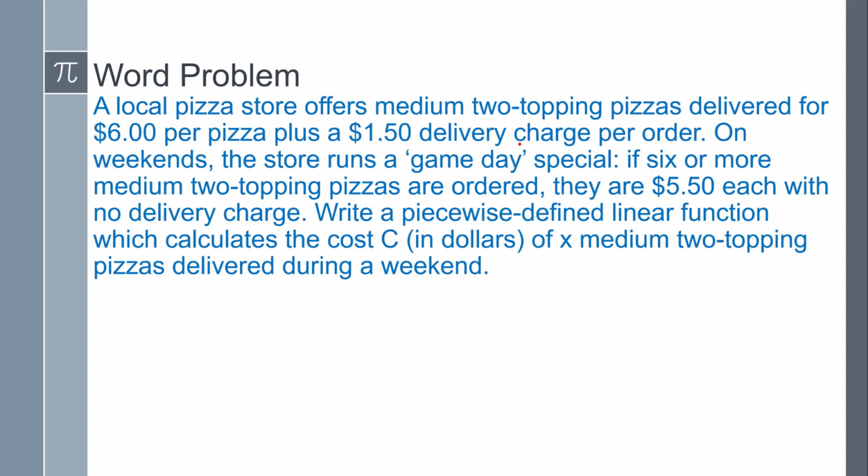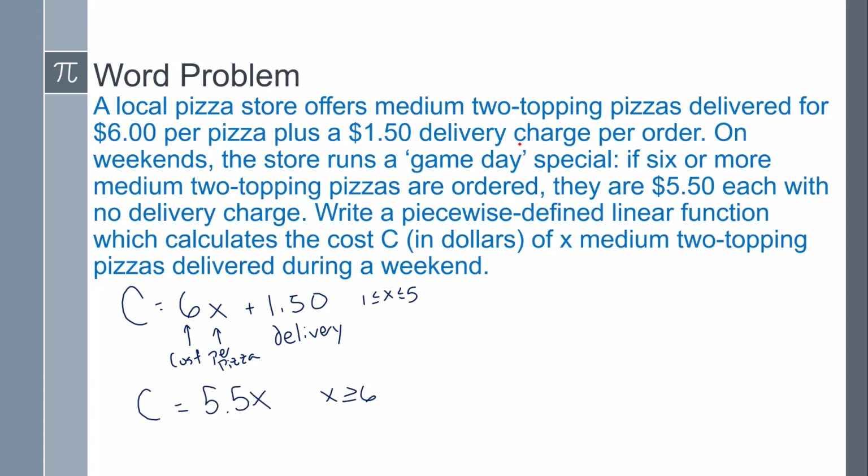And because there are 2 scenarios, that's why we're going to be using a piecewise function. The first scenario is $6 per pizza, and then there's a $1.50 delivery fee. That's if we order between 1 and 5 pizzas. Then we have the scenario, what happens if you order 6 or more?